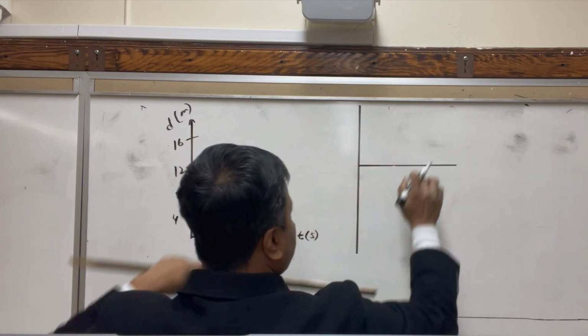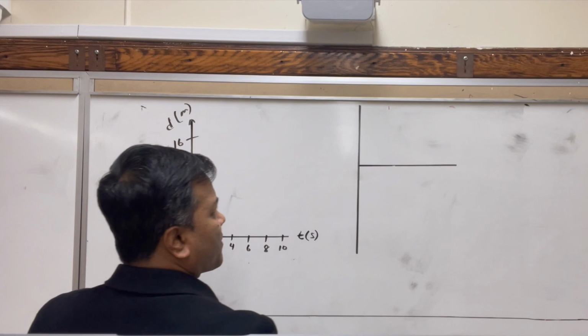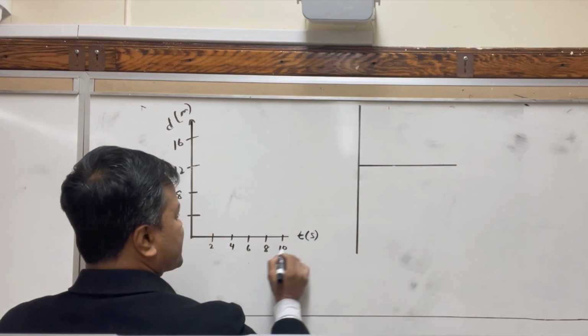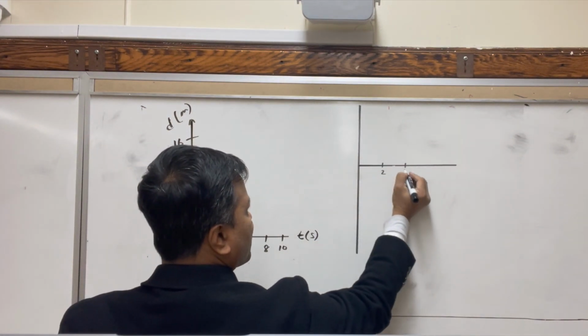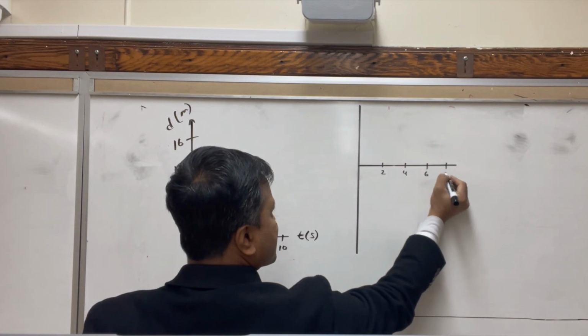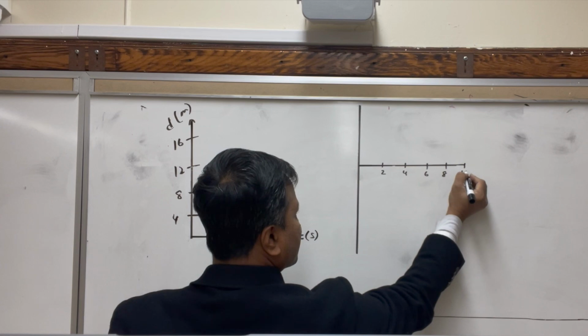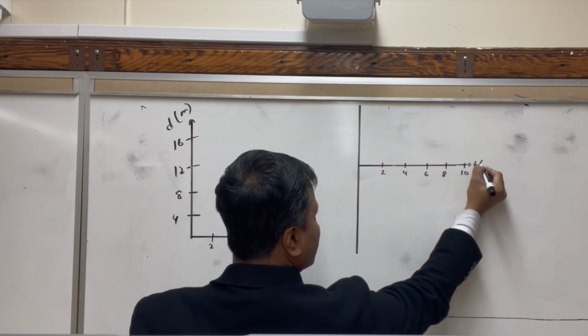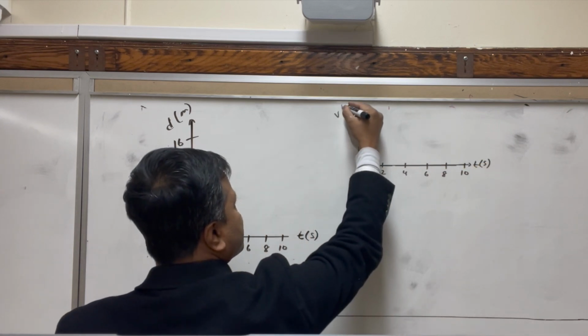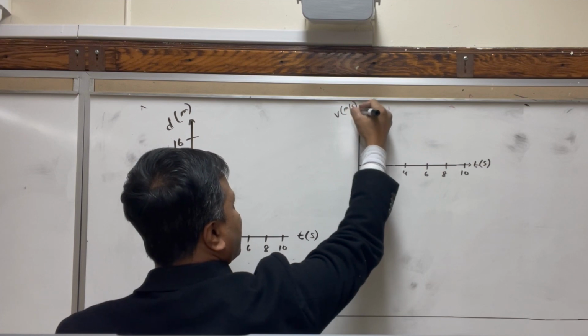We need the first quadrant and the fourth quadrant, and that's probably it. So 2, 4, 6, 8, 10 and 2, 4, 6, 8 and 10. Again t is in seconds, and this is velocity in meters per second.